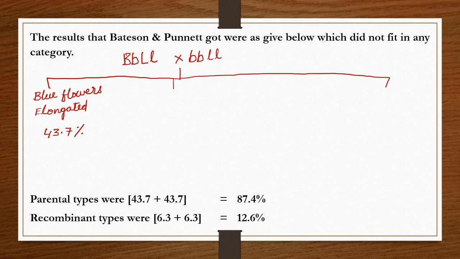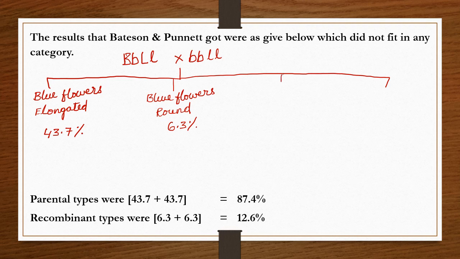The second type of individual is blue flowers with round pollen grains, and it is only 6.3%.